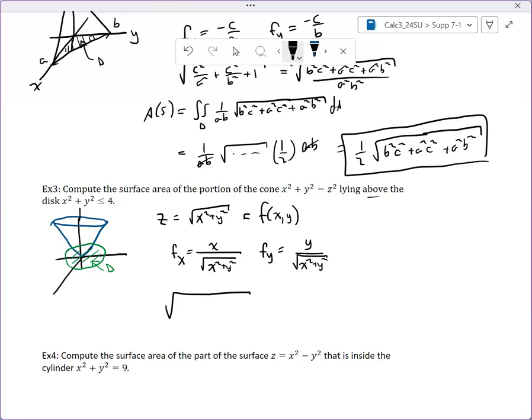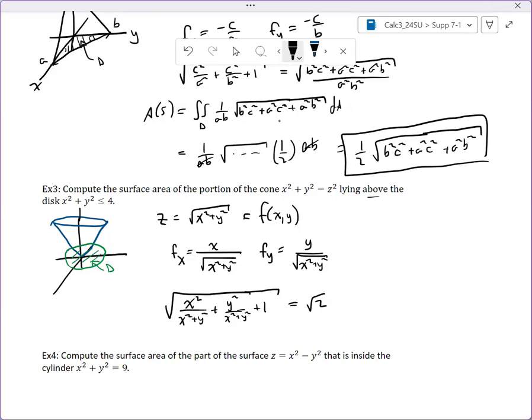And our square root inside of the integral is fx squared plus fy squared plus 1. And nicely enough, these first 2 terms combine together to make x squared plus y squared over x squared plus y squared, which is just 1, plus 1 is just square root of 2.